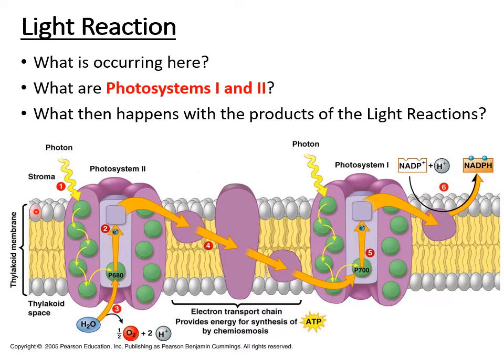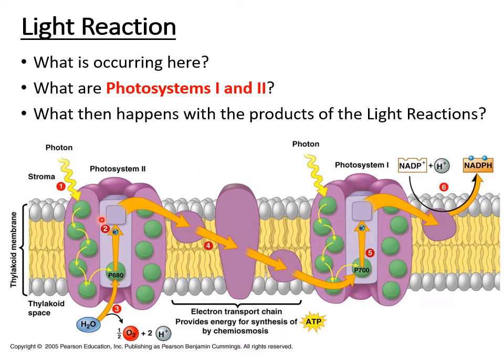In these reactions, you'll end up getting the coupling of the phosphorylation of ADP to ATP, a process called photophosphorylation. So we're coupling the light reaction to the phosphorylation of ADP to produce ATP in photophosphorylation.